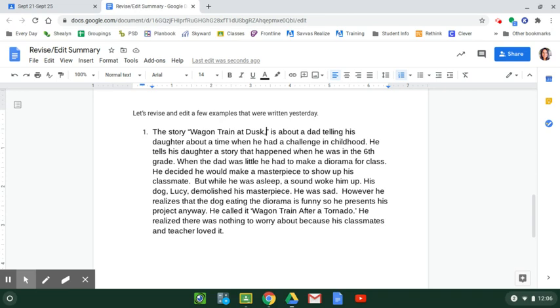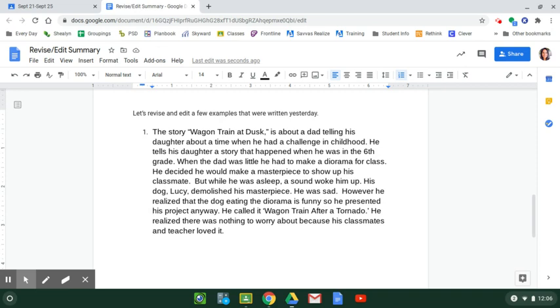His dog, Lucy, demolished his masterpiece. He was sad. However, he realized that the dog eating the diorama is funny. So he presented his project anyway. He called it Wagon Train After Tornado. He realized there was nothing to worry about because his classmates and teacher loved it.